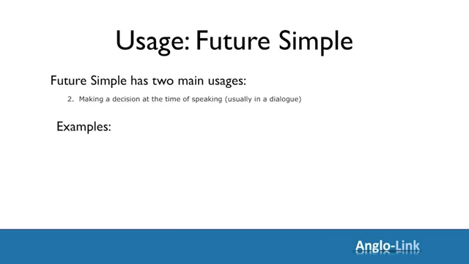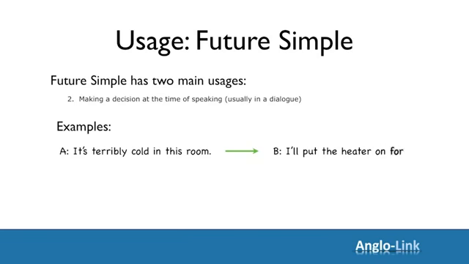Let's look at examples. Someone says, "It's terribly cold in this room," and you decide at that moment to put the heater on for them. You use the future simple. I'll put the heater on for you.